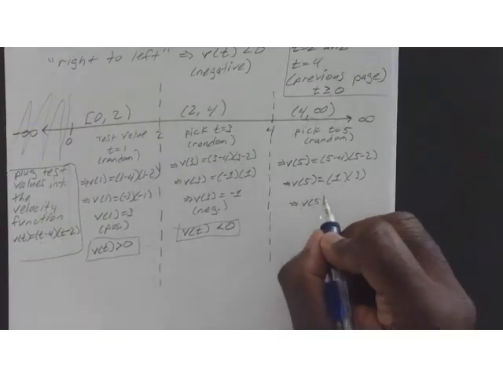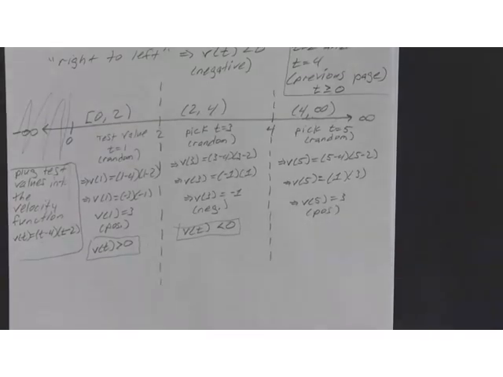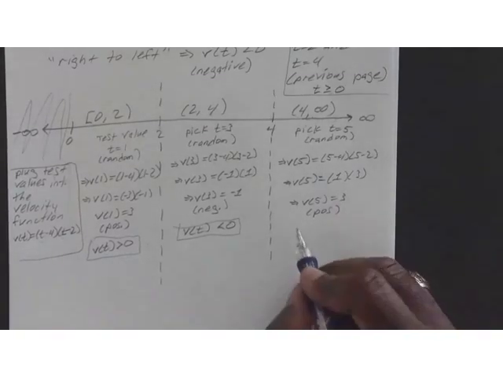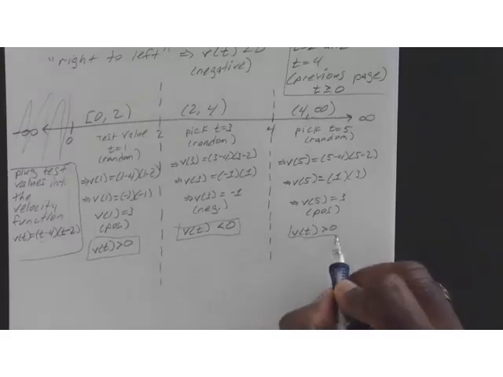So our velocity at 5 seconds is equal to 3, which means it is positive. So in this interval, our velocity is greater than 0.